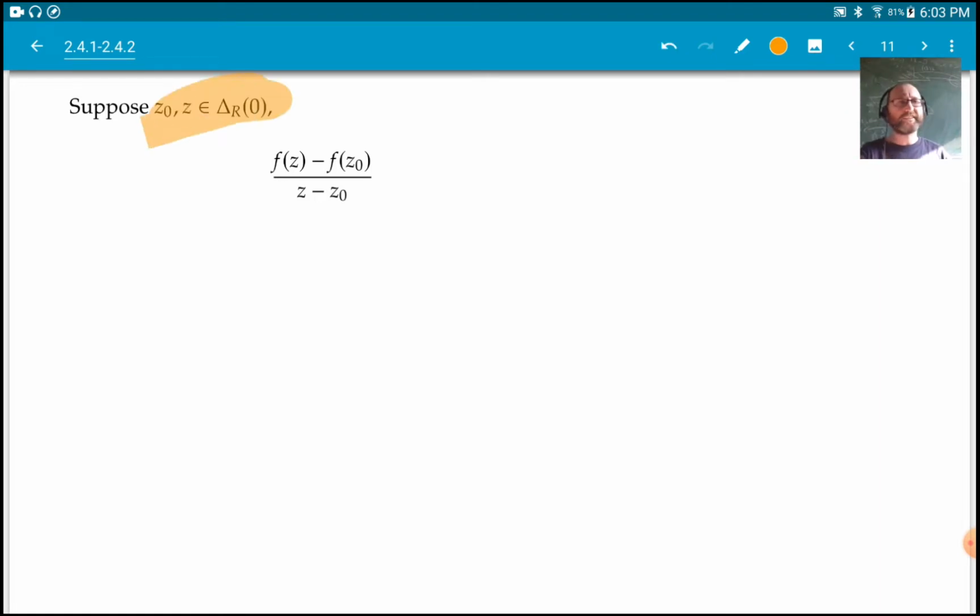Okay, so let's look at all of f. At this point, let's look at two points in the disk, and let's look at the difference quotient of the entire series. Well, we can add series, so with just a little bit of messing around, the difference quotient goes inside.